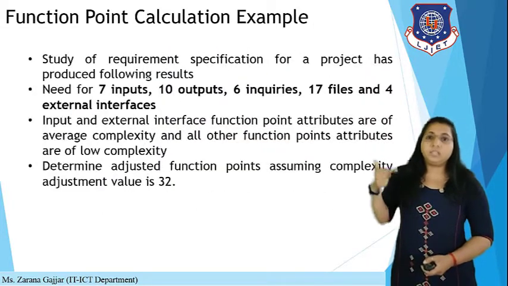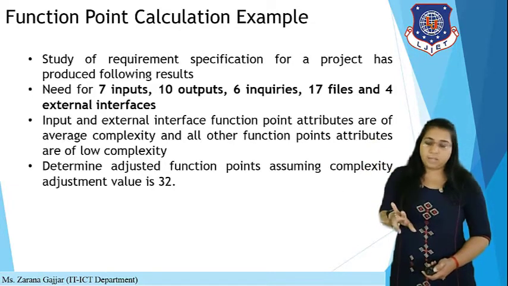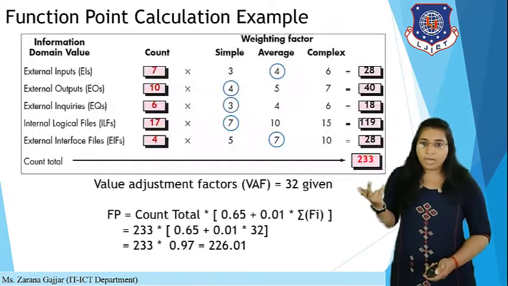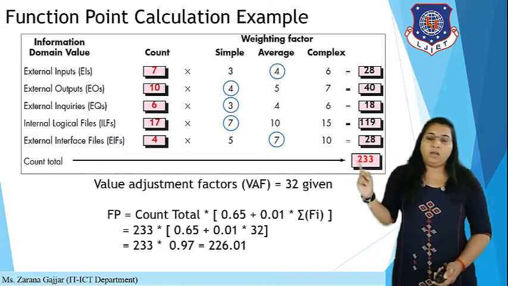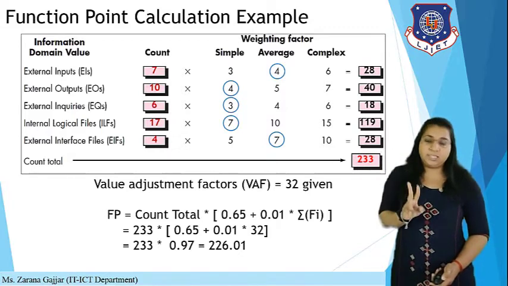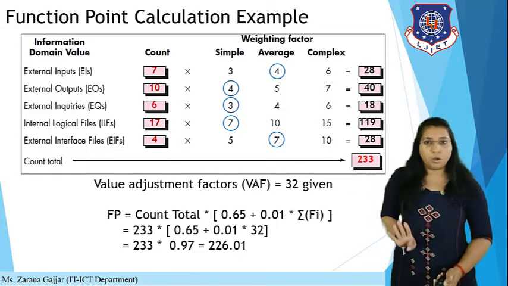In the previous lecture we have already discussed 7 inputs, 10 outputs, 6 inquiries, 17 files and 4 external interface files. So the count for external input is 7, outputs 10, inquiry is 6, logical files 17 and external interface files are 4.